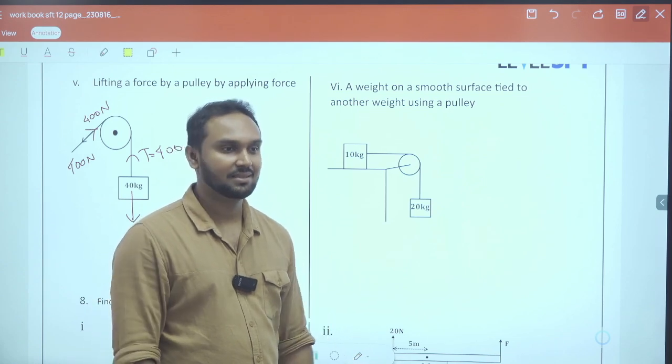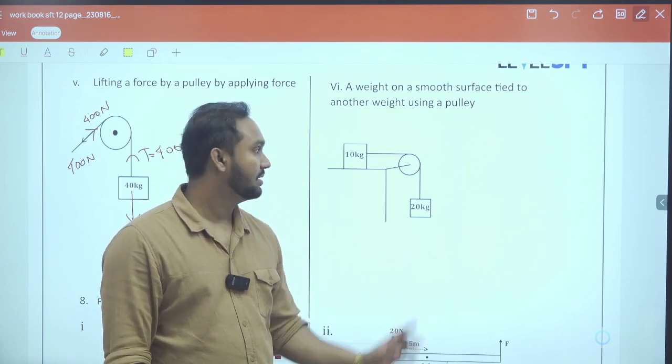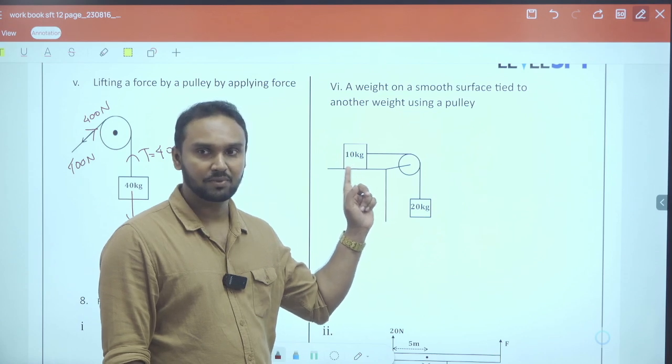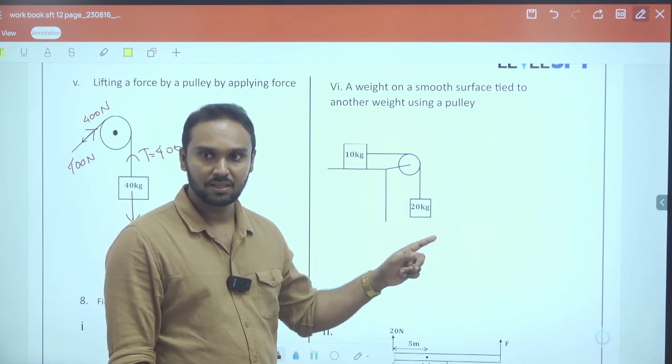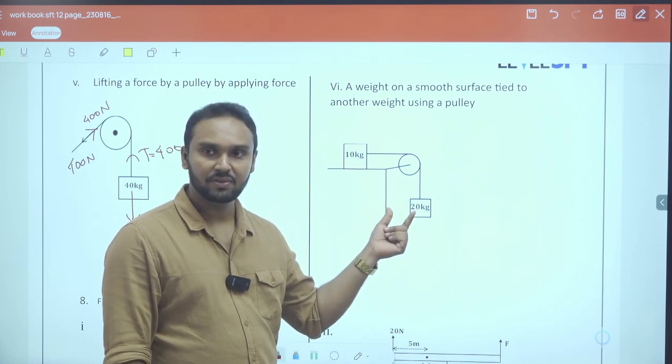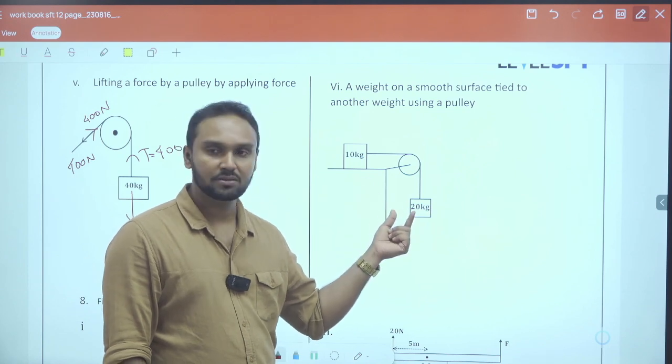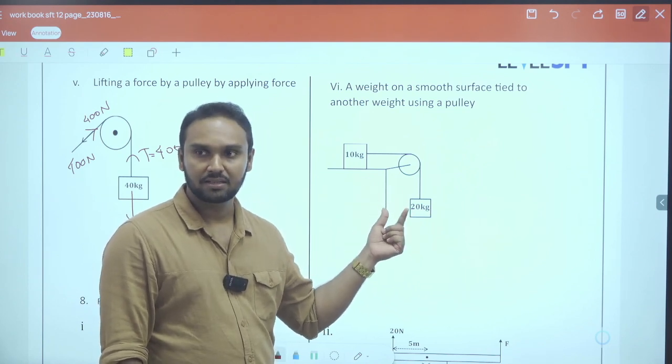Yes or no? Weight of this 10 kilogram object, would it affect the acceleration of the whole system? Would the 20 kilogram of mass or the 200 newtons of weight affect the acceleration of the system?